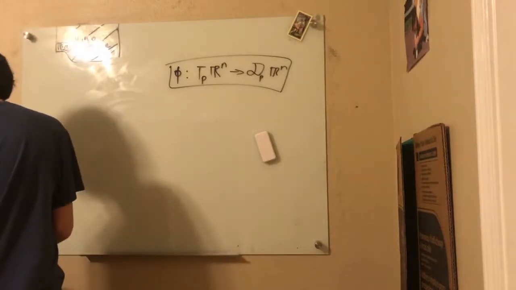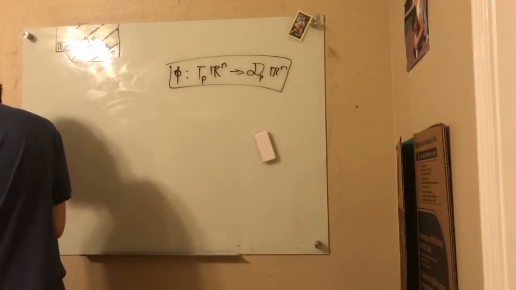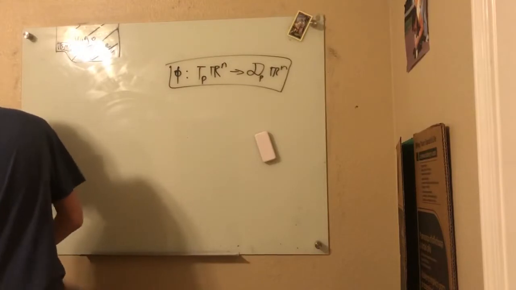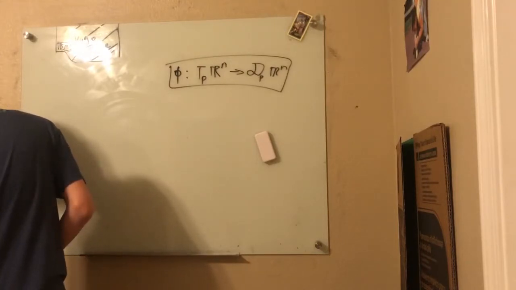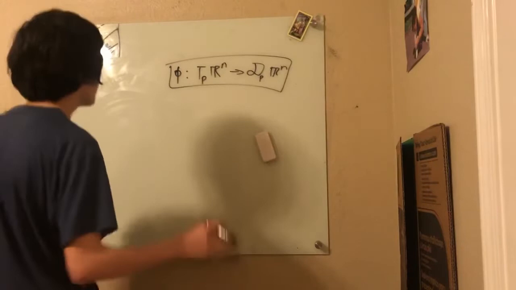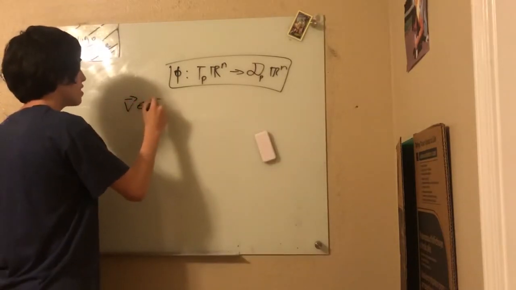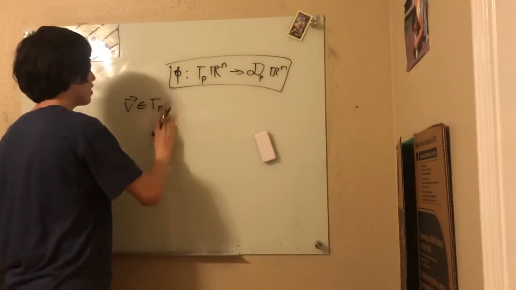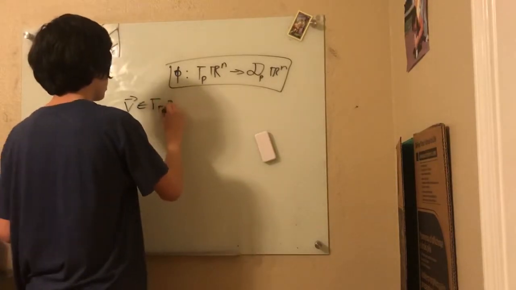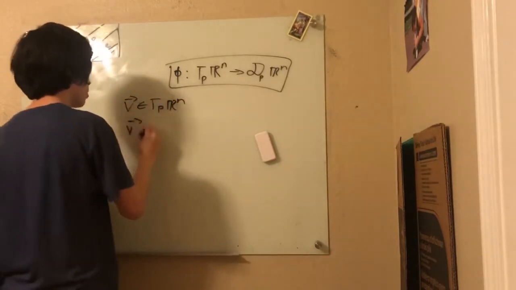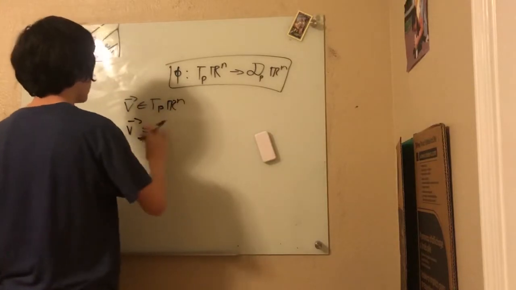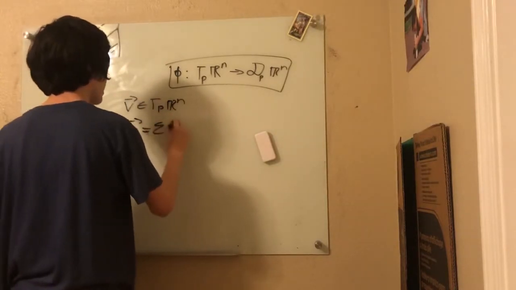and also, I'm going to tell you one other thing to note. No, actually, we're not going to do that. So for a vector in T of P of Rn, V is going to be equal to sum of Vi, Ei.